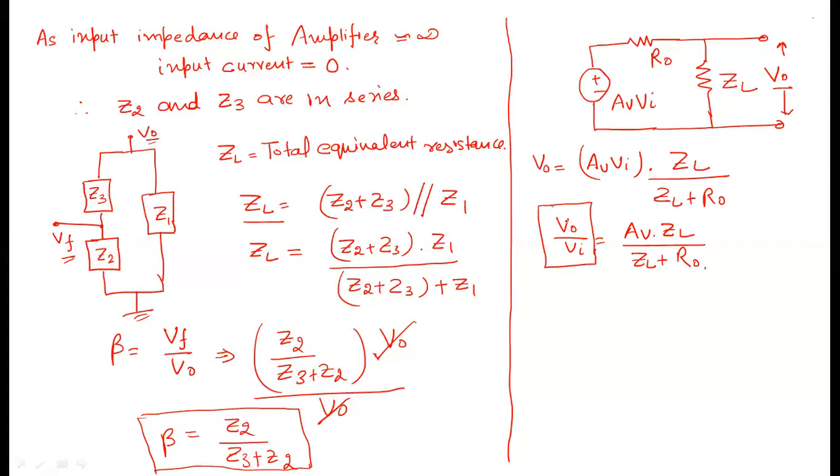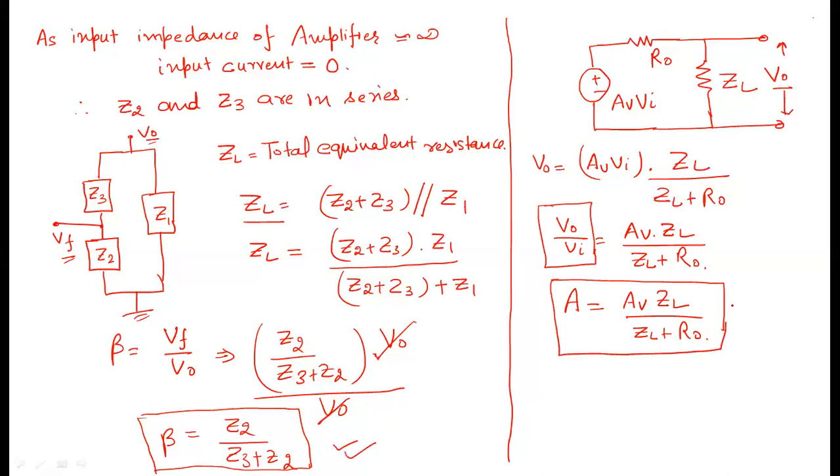Since V naught is the output of the amplifier and VI is the input of the amplifier, we can say that this is A. A is equal to AV ZL upon ZL plus R naught. Okay, so we have calculated A and beta. So here we have beta and here we have A.